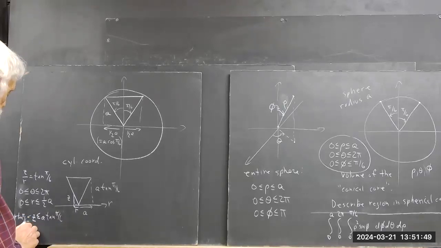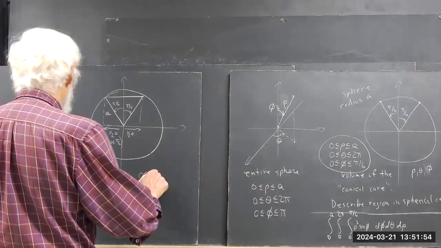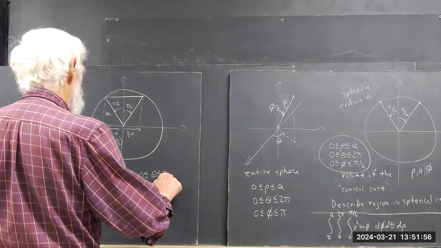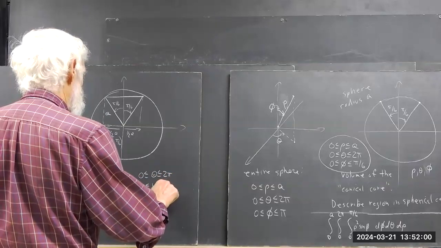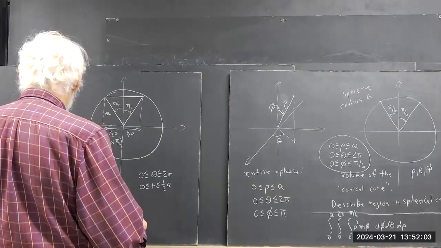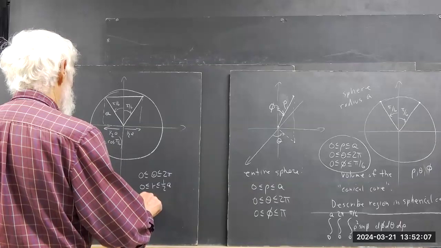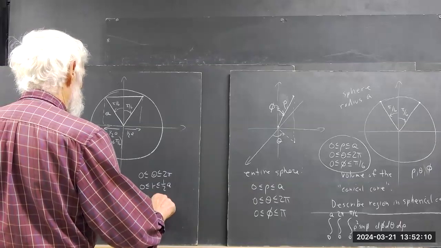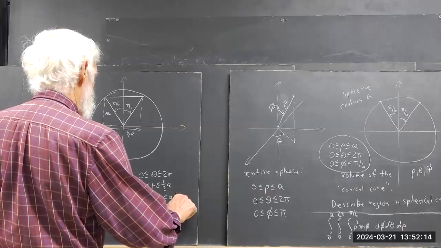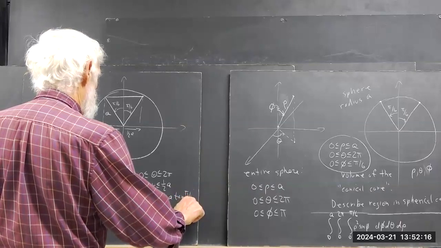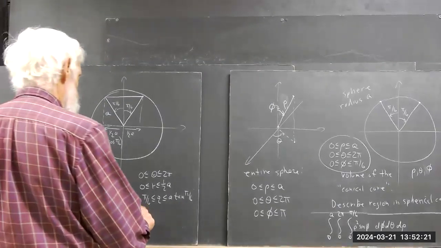Let me write it over here. 0 less than or equal to theta less than or equal to 2 pi, 0 less than or equal to R less than or equal to 1/2 A, and R tangent pi over 6 less than or equal to Z less than or equal to A. And of course, tangent pi over 6 is 1/2.